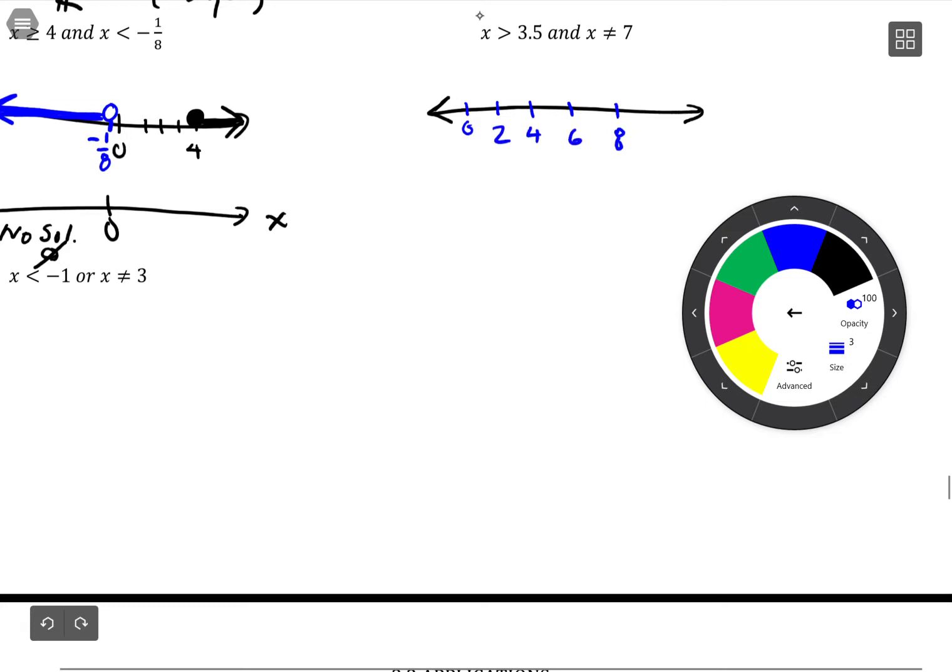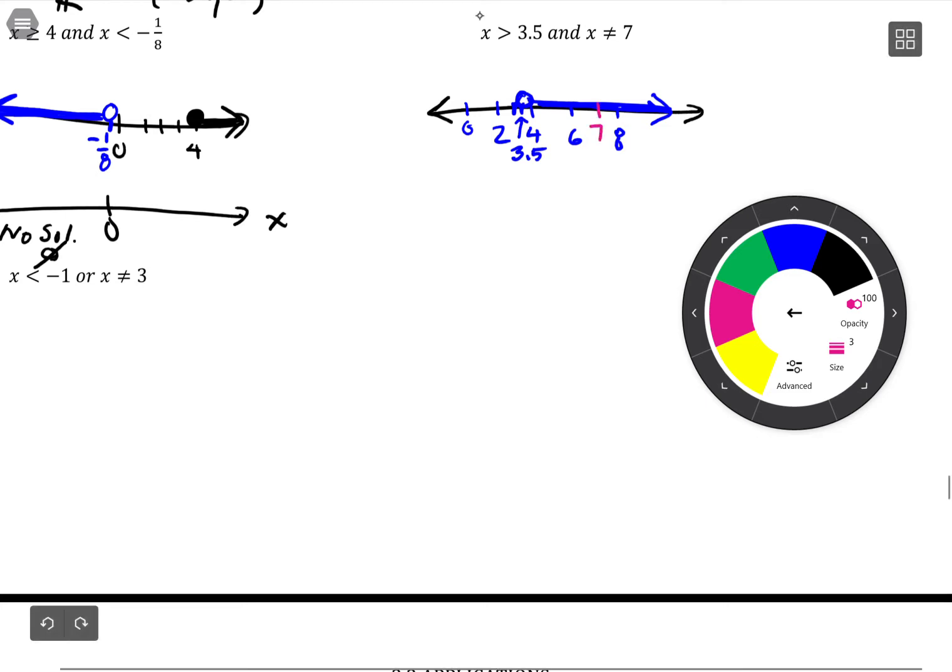Okay, so greater than 3.5, hold on. That would be about 3. So let's say that is 3.5. And we want everything from there over. And then x does not equal 7. Remember, that means x can be anything but 7.